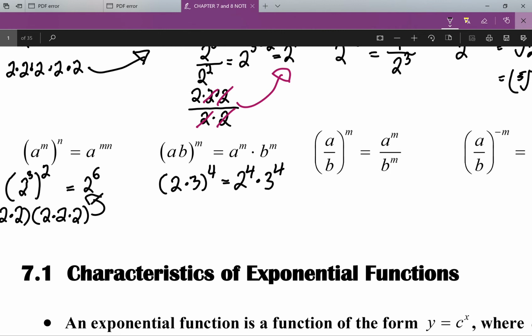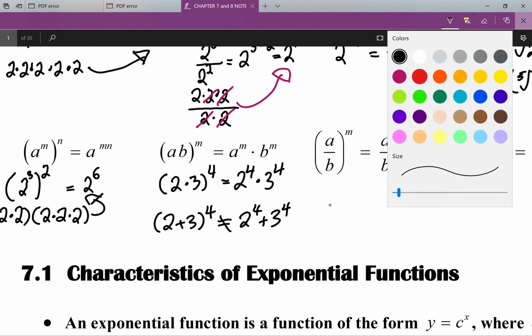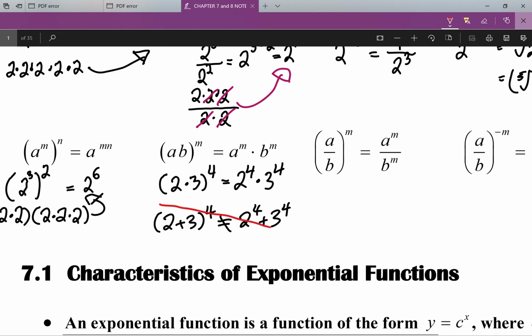Very importantly, this only works when we have a multiply, or as we'll see in the next one, a divide. 2 plus 3 to the power 4 does not equal 2 to the power 4 plus 3 to the power 4. So I'm going to really evidence this by taking that red and going, no, bad.